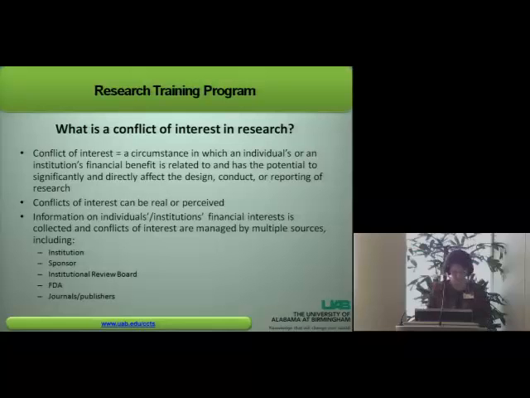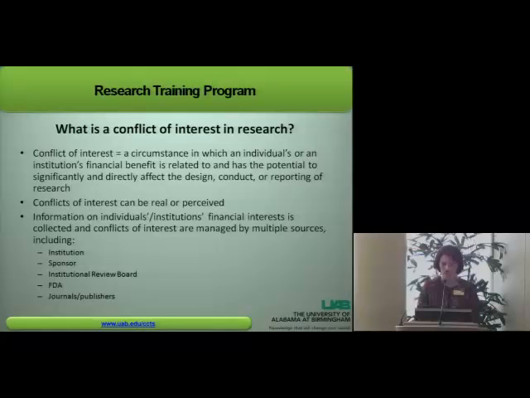What is a conflict of interest then? What do we mean here? Conflicts may have a number of different characteristics. In research, what we're going to be talking about here is really financial conflicts of interest, where one member of the research team or the institution has a financial interest that's related to the research and has the potential to significantly and directly affect the design, conduct, or reporting of research.